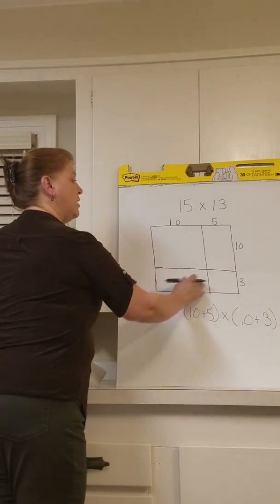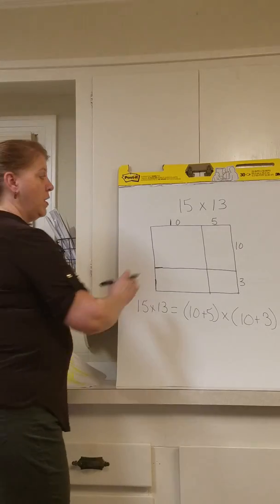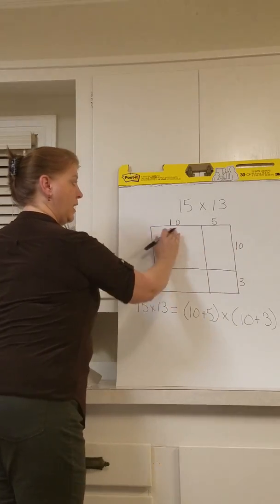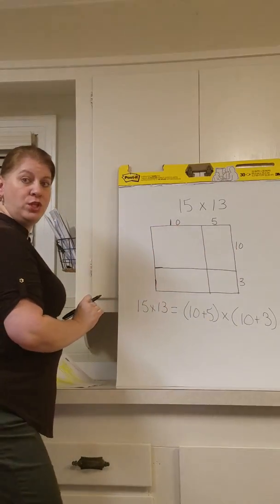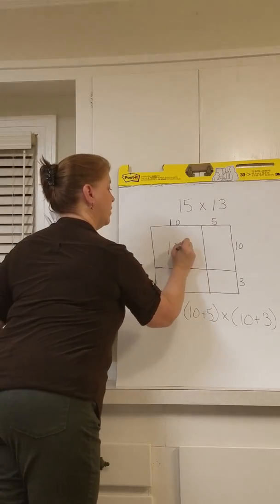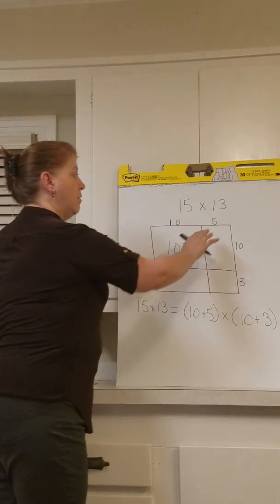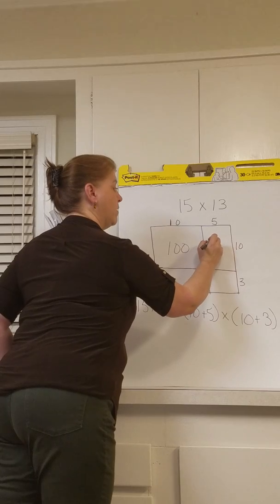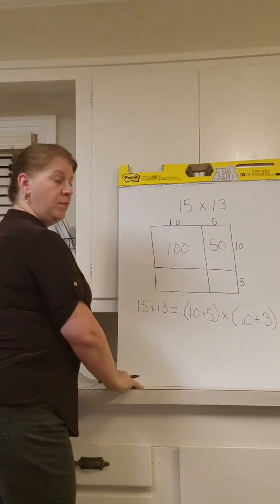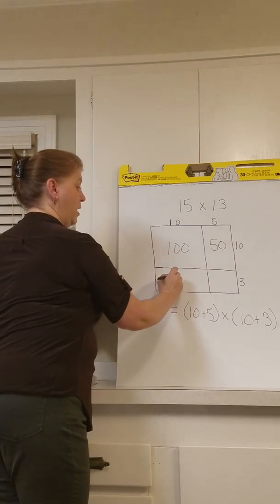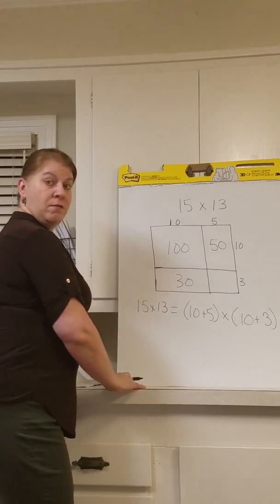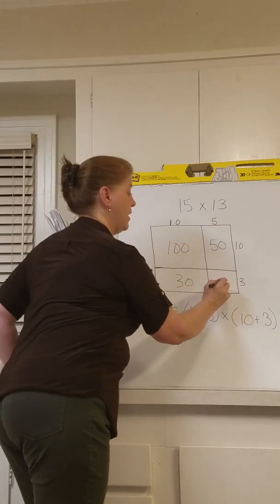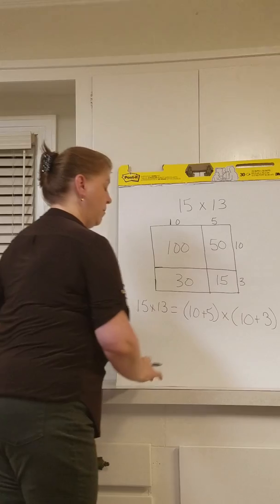So let's go ahead and finish it up together up here. So now we have 10 times 10. So this area of this portion is 100. 5 times our 10 here gives us 50. 10 times our 3 is 30. 5 times 3 is 15.